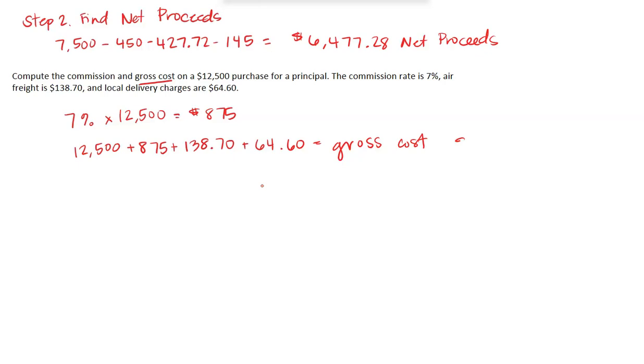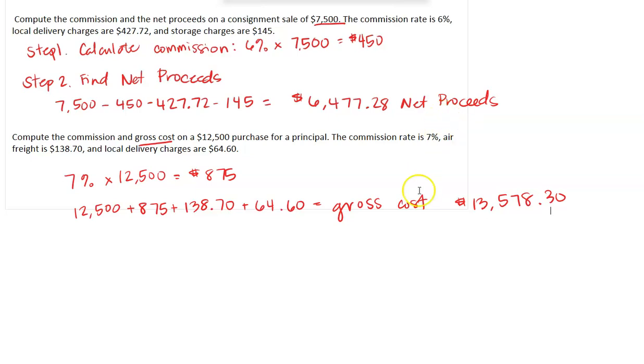Okay, and my gross cost is $13,578.30. So we can see how it's different when we calculate net proceeds from our gross cost. With net proceeds, we subtract the commission and any charges. With gross cost, we add the commission amount and any fees and charges.